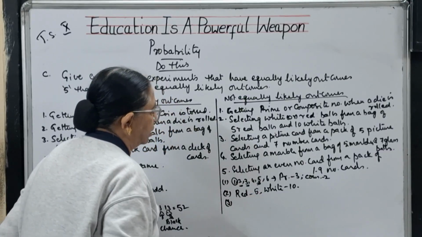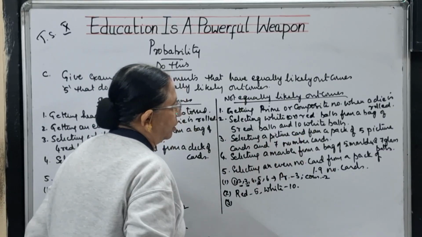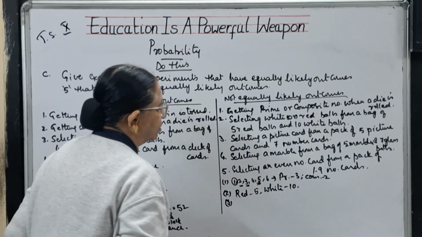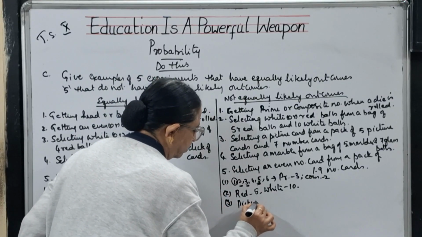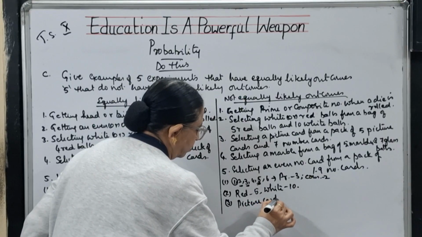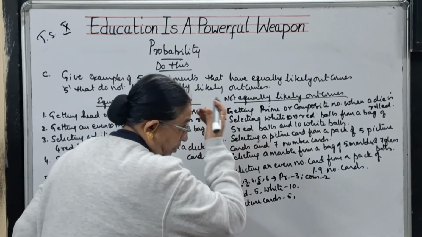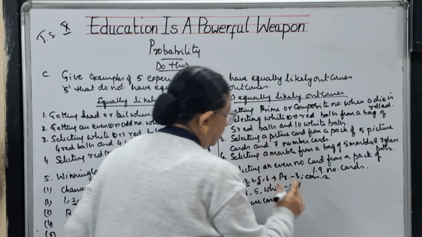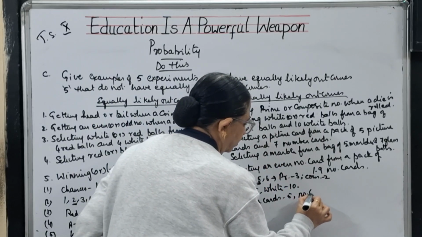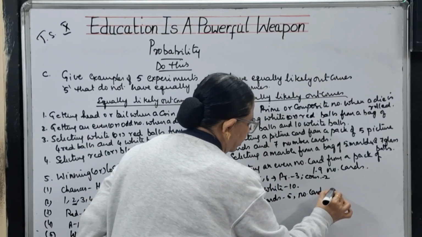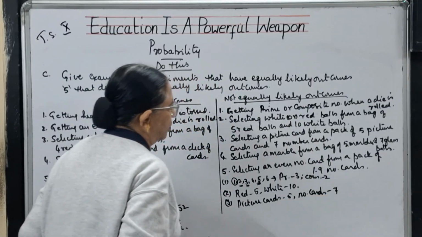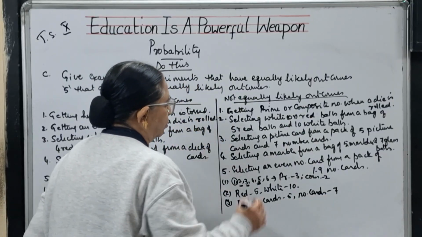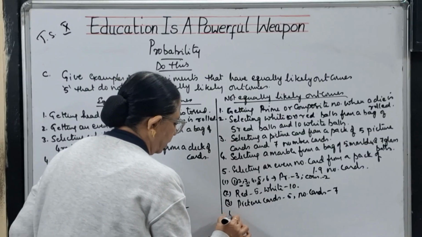And third one, selecting a picture card from a pack of 5 picture cards and 7 number cards. So picture cards are 5 and number cards are 7. These are also not equal in number, so they are also not equally likely outcomes.